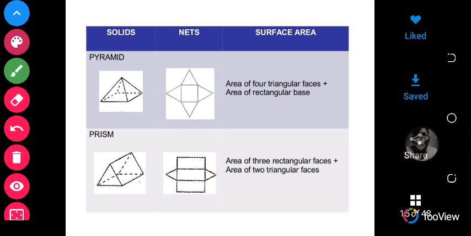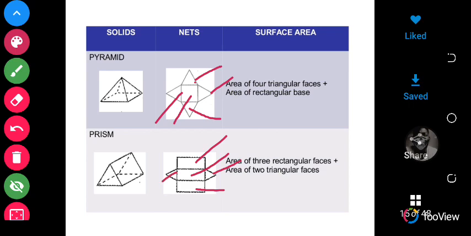If you know how to calculate the area of a triangle, then you can calculate the area of each of these triangles and the area of the rectangular base. In the same way, if you know how to calculate the area of a rectangle, you can calculate each of these.